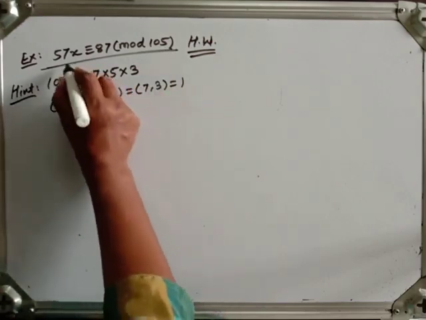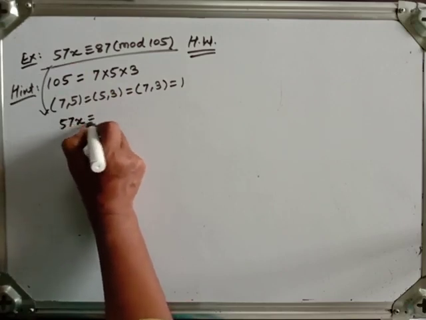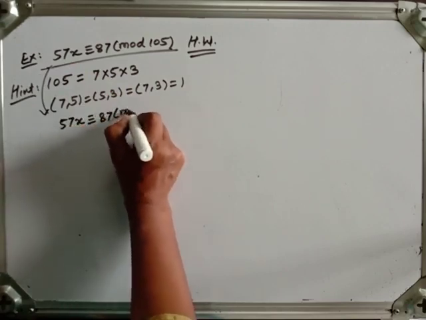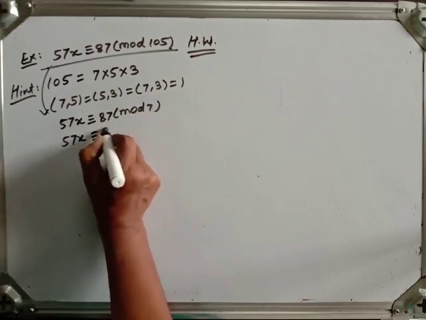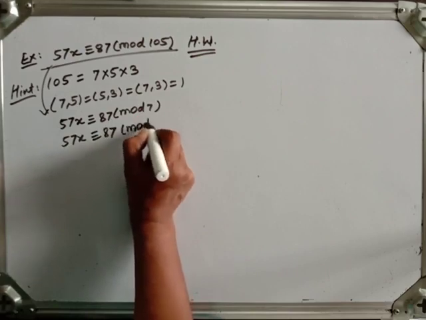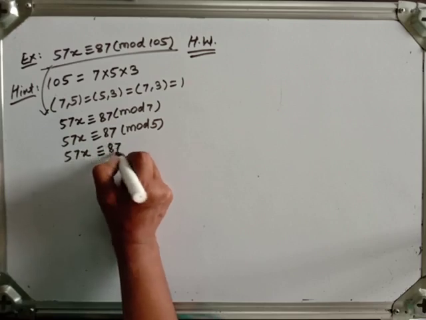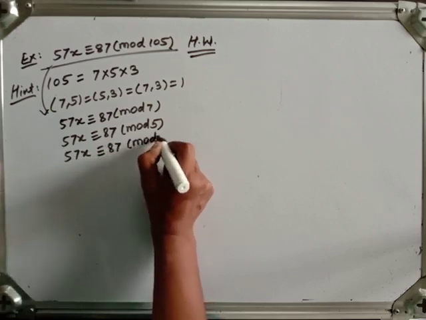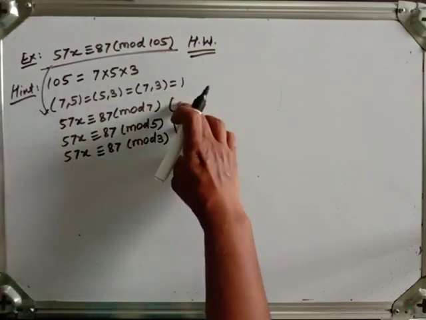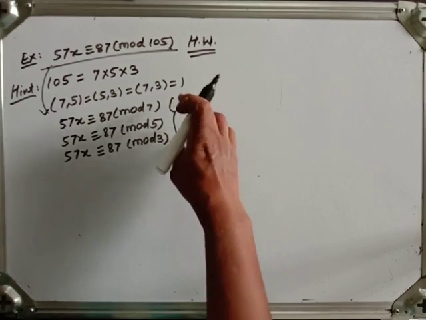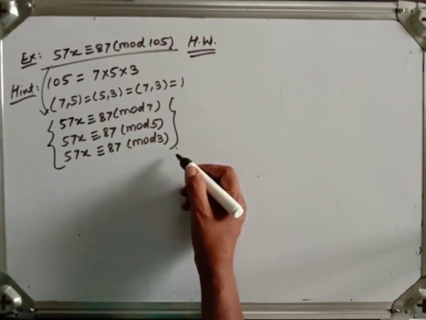So you will write this system as 57x congruent to 87 modulo 7, then 57x congruent to 87 modulo 5 and 57x congruent to 87 modulo 3. So this will be the system. This is a single congruence and this will become a system of linear congruences. So you can solve this system of linear congruences for finding the simultaneous solution.